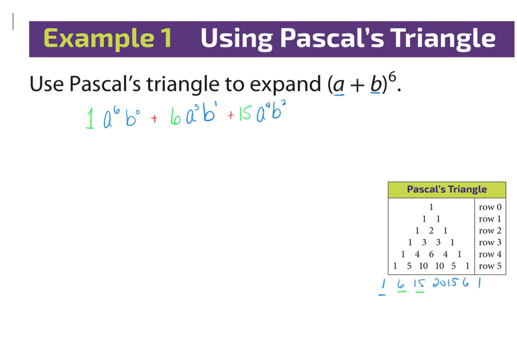All right. And this is going to follow this pattern until you are finished. And you do not need to do that long foiling over and over and over again because you have now another method to do it. All right, and so this is expansion using Pascal's triangle.